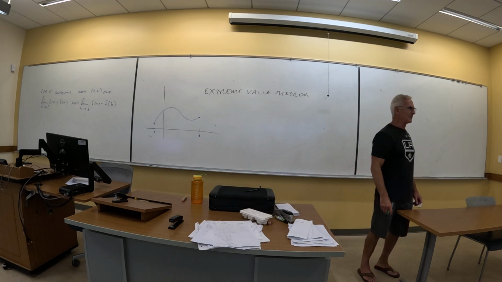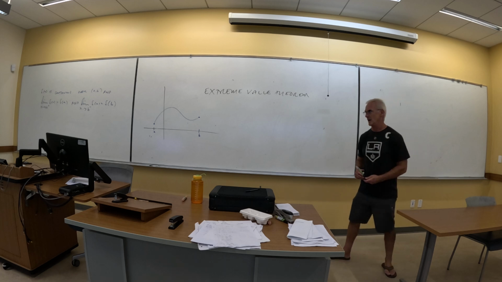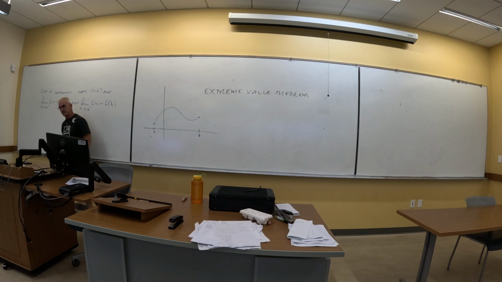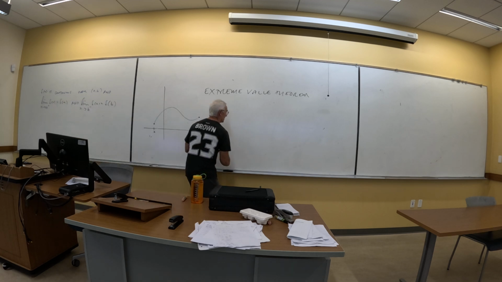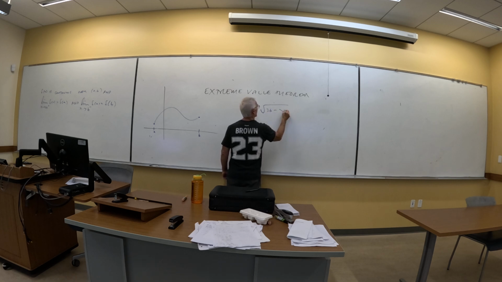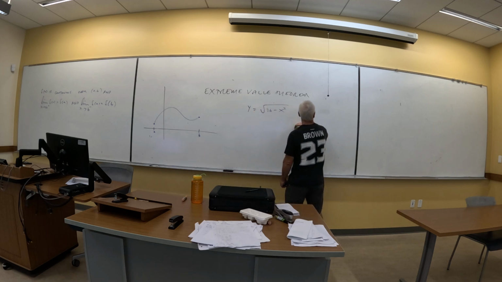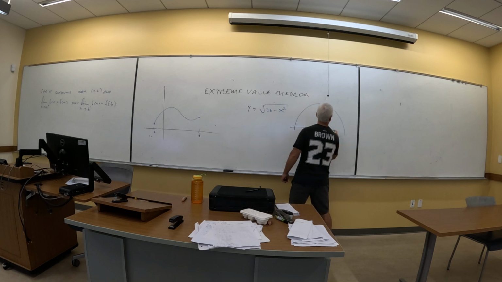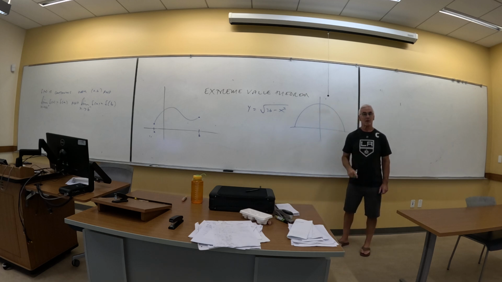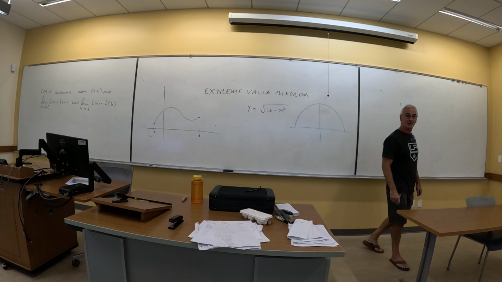So would you ever have a function where you had to worry about this? Yeah. They're really simple. This is the top half of a circle of radius 6. The domain is -6 to 6.